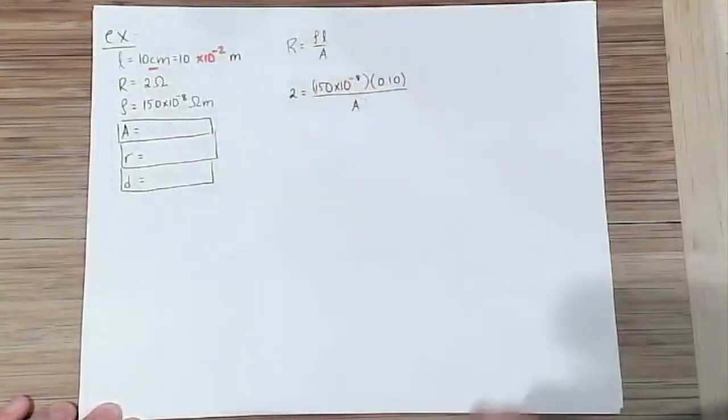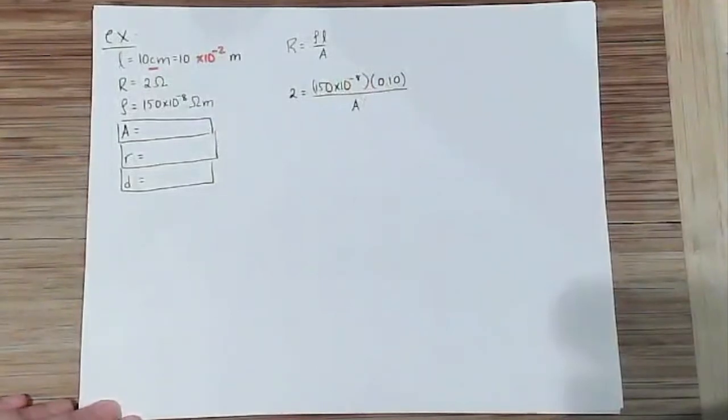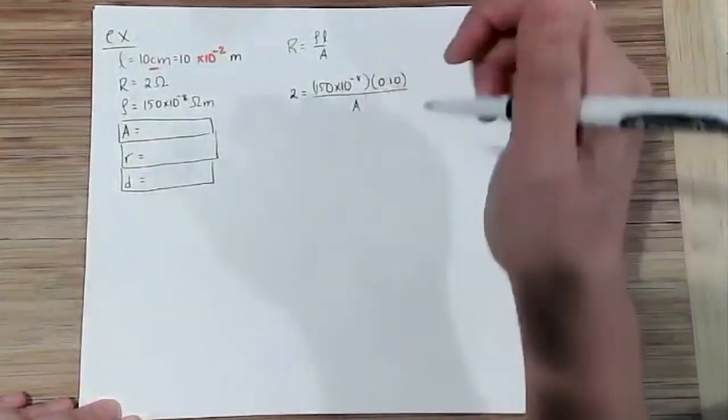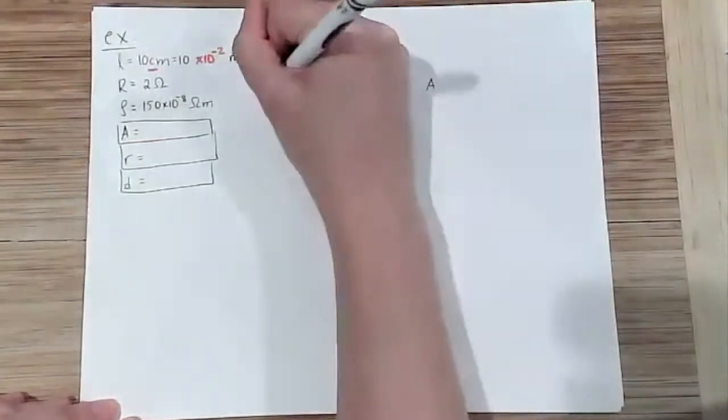Over A. Now, sometimes people have trouble solving for something that's in the denominator. So in your head, I want you to think of what would be your first step in evaluating this equation. Because you know what mine would be: I want A by itself in the numerator. So what I'm going to do is multiply by A on both sides.